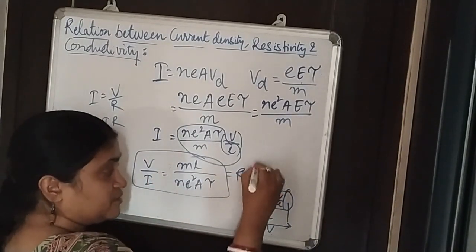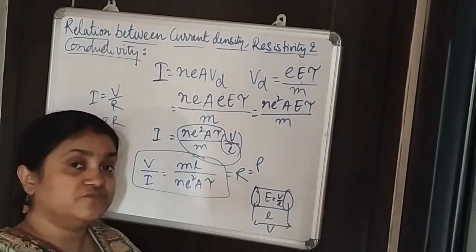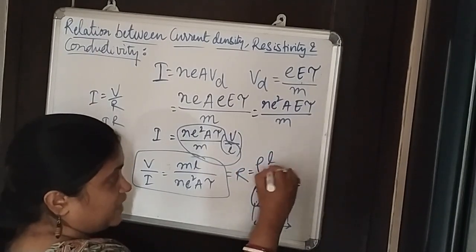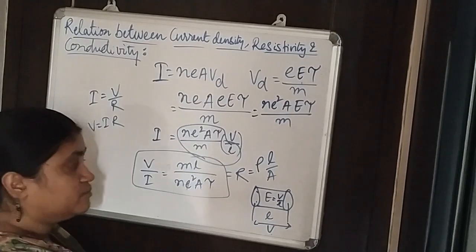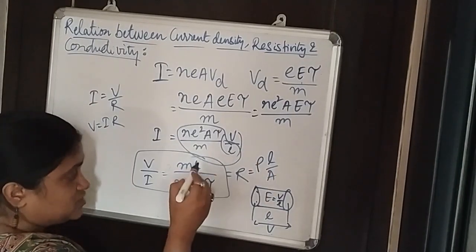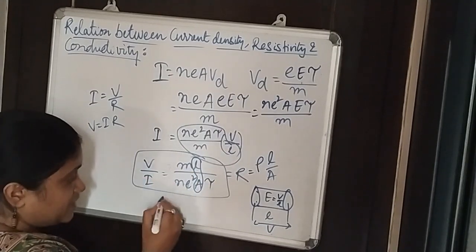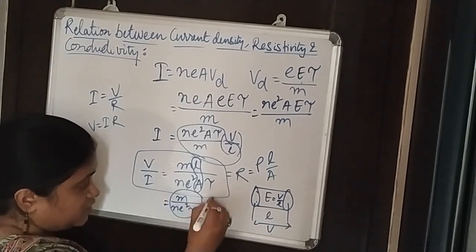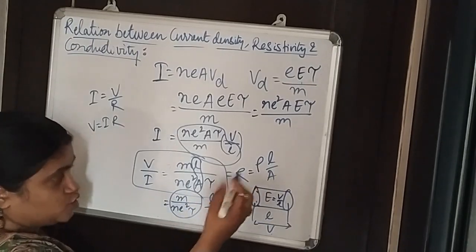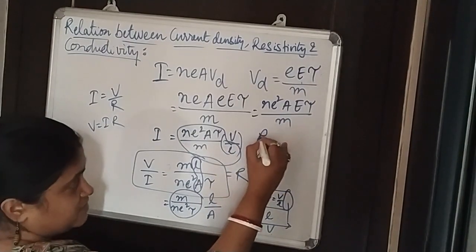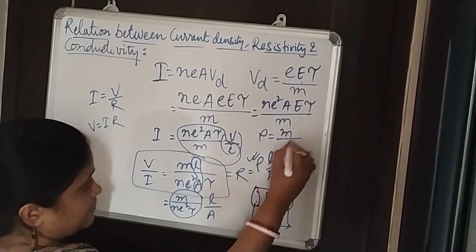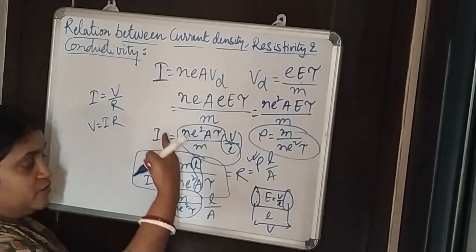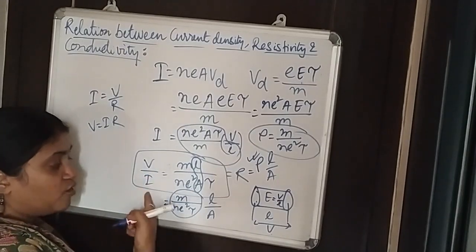And resistance, again, we know from the law of resistance, R is resistivity rho into L by A. So looking at the same expression on both sides, if you take out L by A, then you are left with m by n e square tau. Comparing these two, we can easily get the resistivity value, which is rho equal to m by n e square tau. So this is another form of Ohm's law.